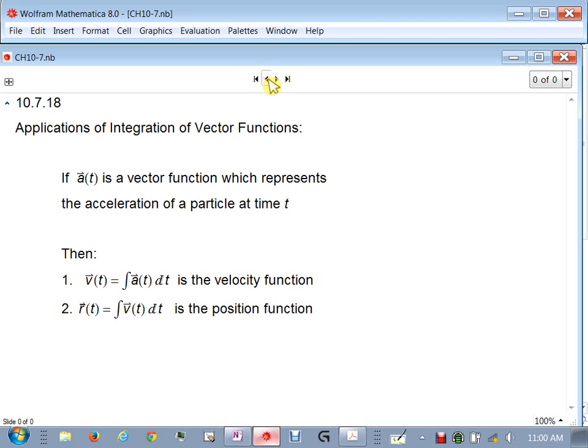The second derivative, a of t, was the acceleration vector function. Because of that, we can use integration to go backwards. Starting with acceleration, we can go back to velocity, and then from velocity go back to position. So this is the kind of note that explains that.